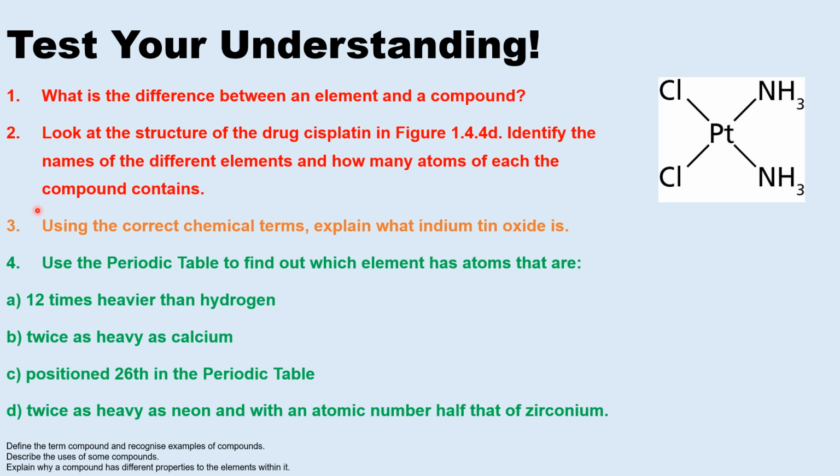For question 4, use the periodic table to find out which element has atoms that are A, 12 times heavier than hydrogen.